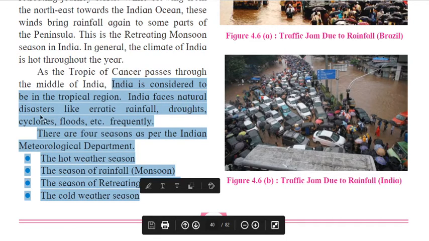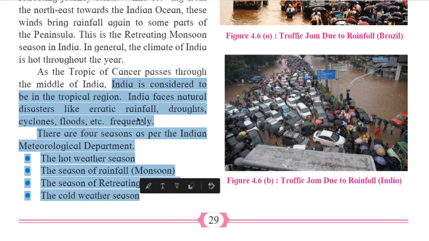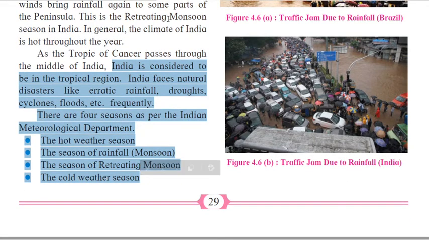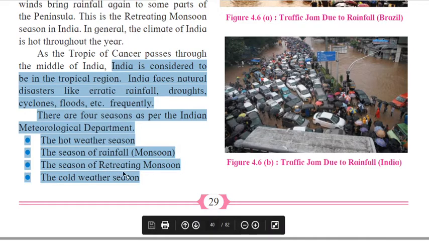India frequently faces natural disasters like erratic rainfall, droughts, cyclones, floods, etc. There are four seasons as per the Indian Meteorological Department: the hot weather season, the season of rainfall, that is the monsoon, the season of retreating monsoon, and the cold weather season.